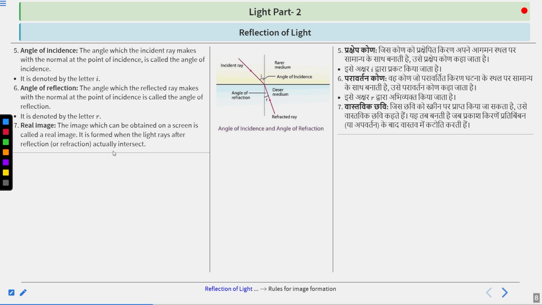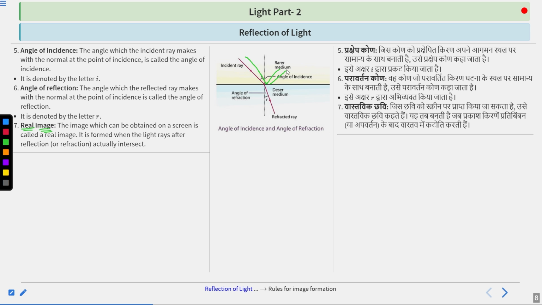After this, the real image. The image which could be obtained on a screen is called a real image. It is found where the light rays after reflection actually intersect. So remember, suppose two incident rays came and they both reflected back. If they go parallel, there will be no image formation.